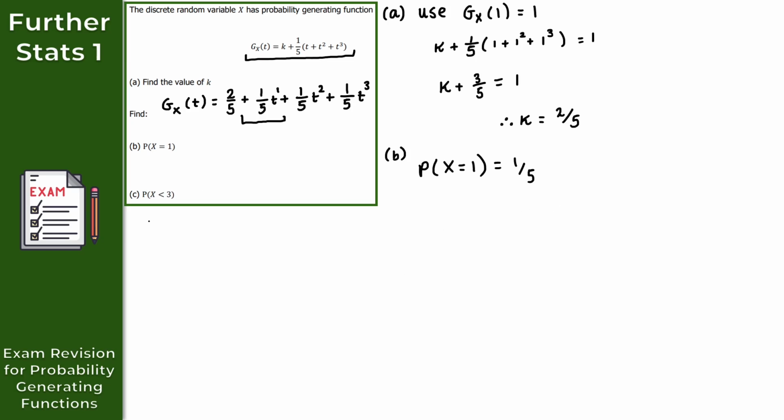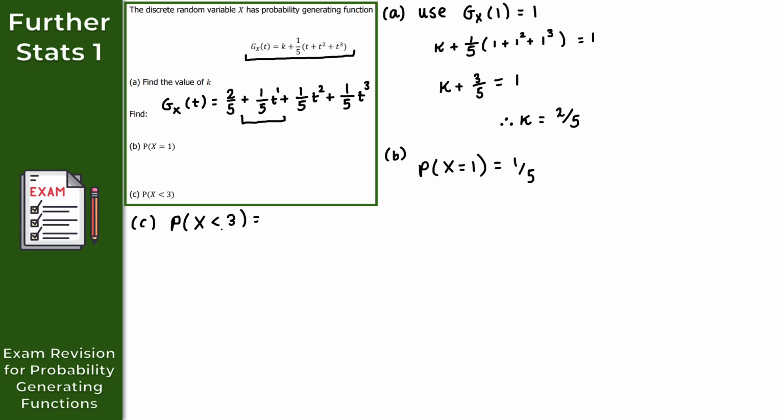And then finally for part C, it now asks us to find the probability that the random variable x here is strictly less than 3. So x is less than 3. Just as we saw for part B, obviously this time it will be terms, because there will be multiple terms for this probability.